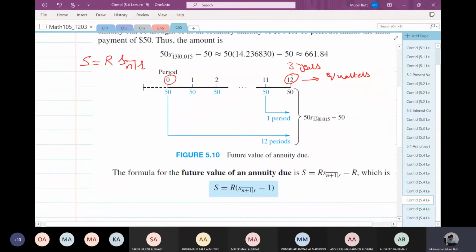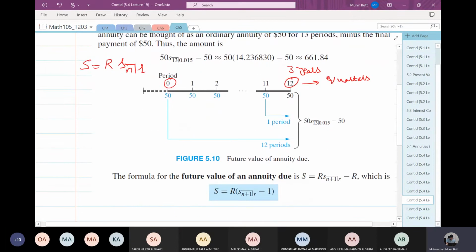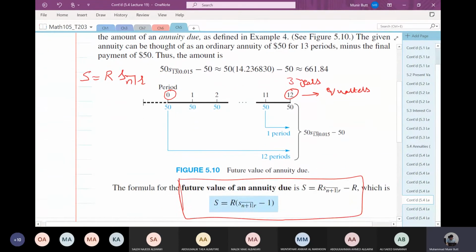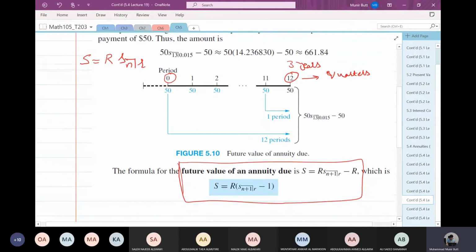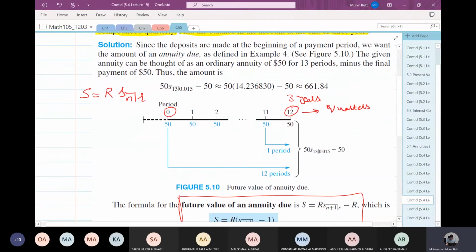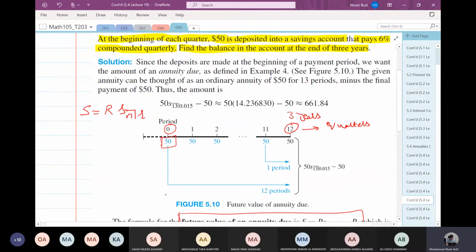But here he asks us to find the balance, meaning the future value of an annuity due. In principle, he asks us to find this value. Now, how to compute it? In the beginning we have $50, but after 12 periods, how much will we have according to this formula? R into S n. But we have already paid $50 in the beginning.